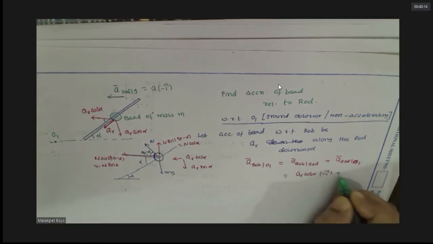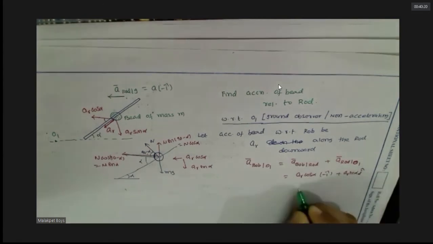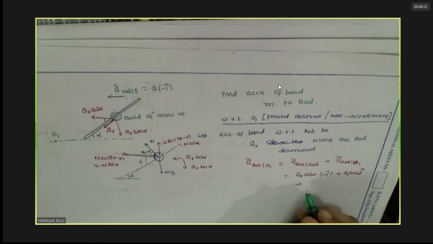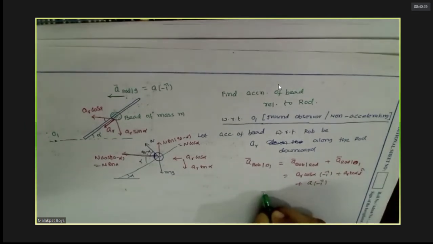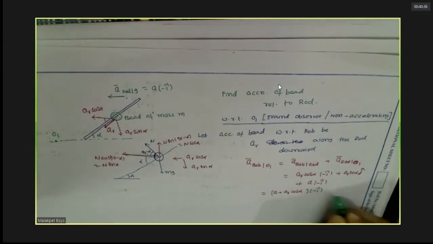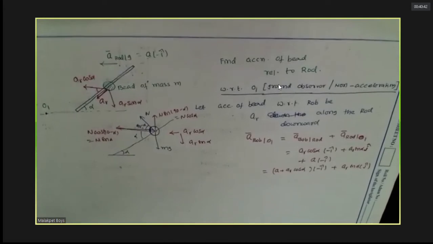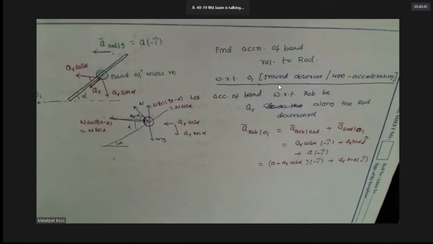Agree, sir. The rod with respect to O1 is moving in which direction? A minus i. That means he has A plus AR cos alpha. Understood till here? Yes, sir.